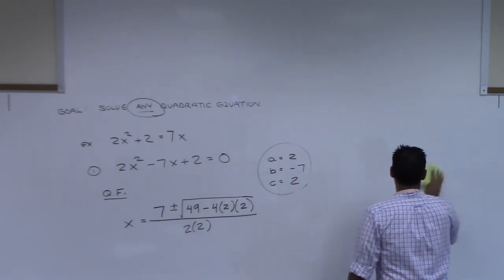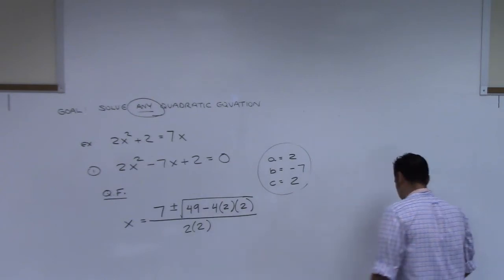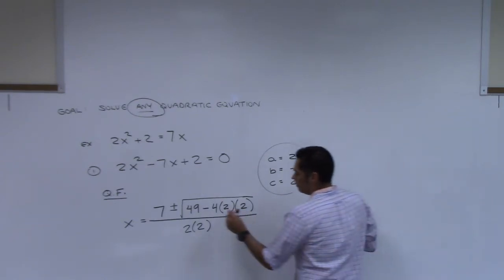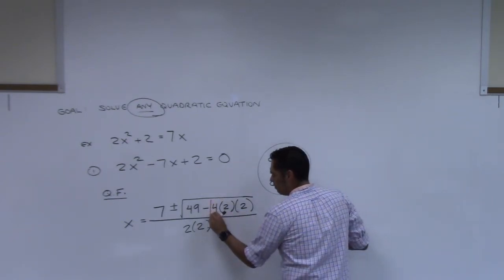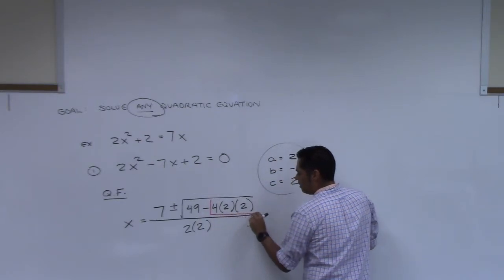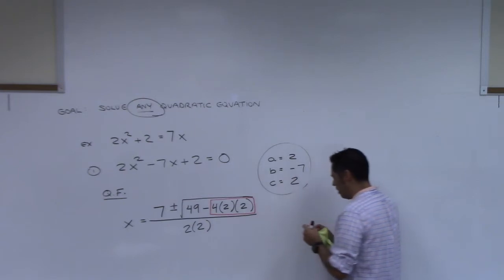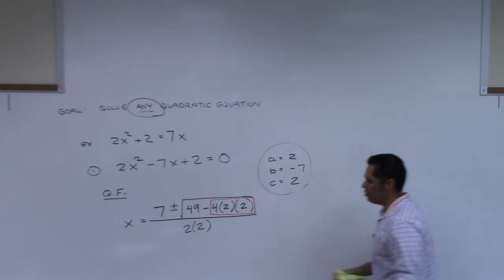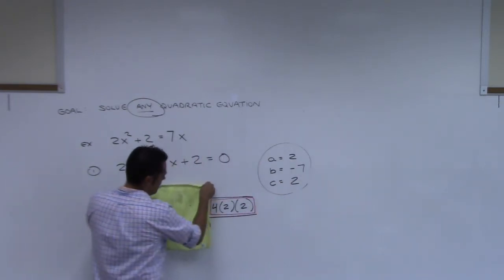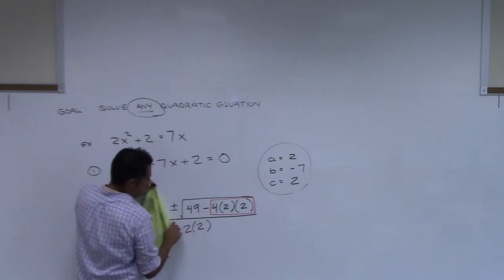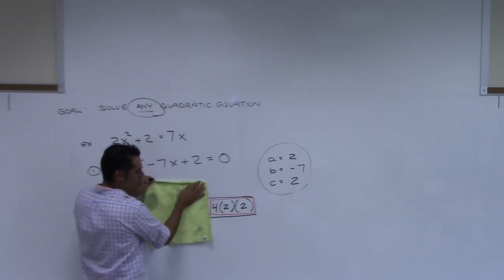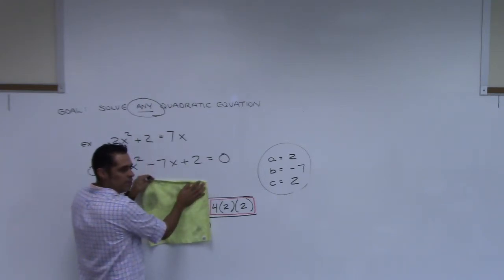Here's the part that messes people up the most. If you're not comfortable with the quadratic formula, I recommend you just ignore everything, including that minus sign. That one right there, just cover it up. And just do those 3 numbers times each other. 4 times 2 times 2. All right?